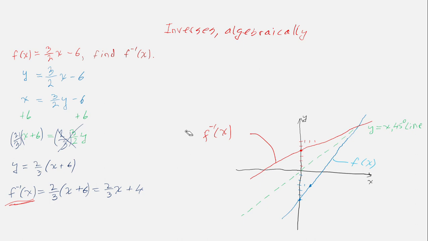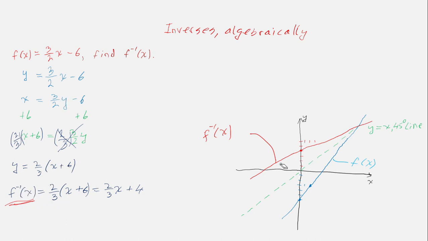So how do we find the inverse algebraically? Well, if we have f of x notation, it's a good idea to change it to y. And then after that, we make y and x change places. So what was y becomes x, what was x becomes y. And then we simply solve for that new y. So here it is.